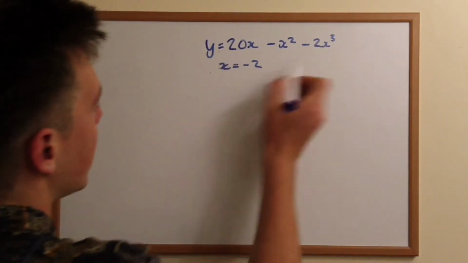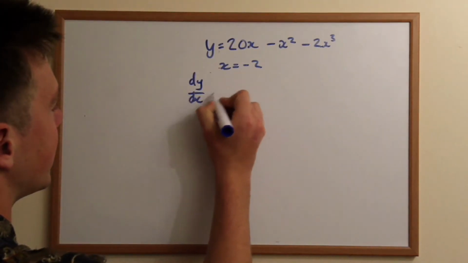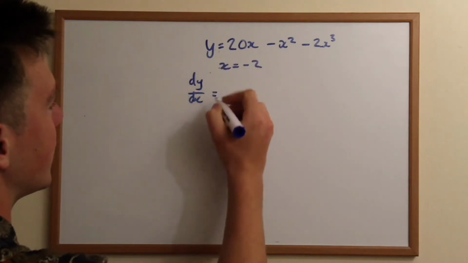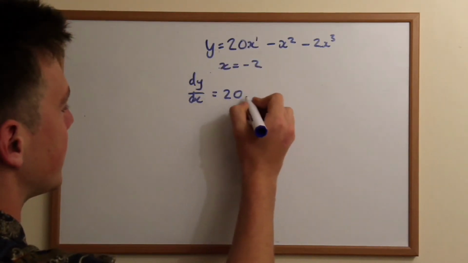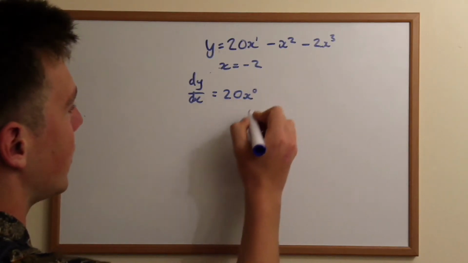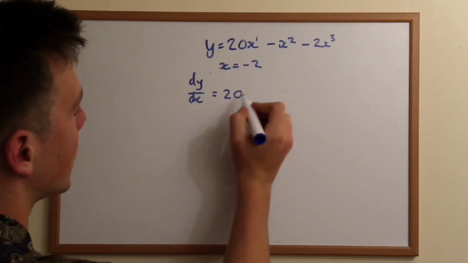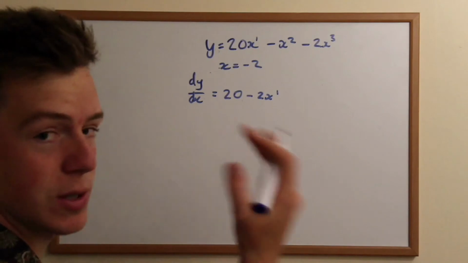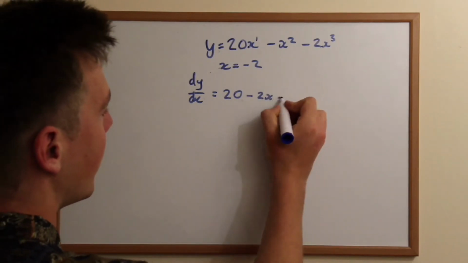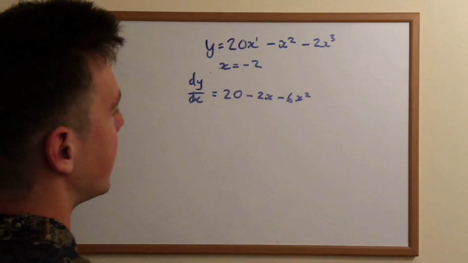Okay, back to the question. So first, the first thing we do is do dy by dx. So we have 20 times 1 x to the power of 0, which we can say is 1, minus 2x to the power of 1, which is just x, and minus 6x squared.